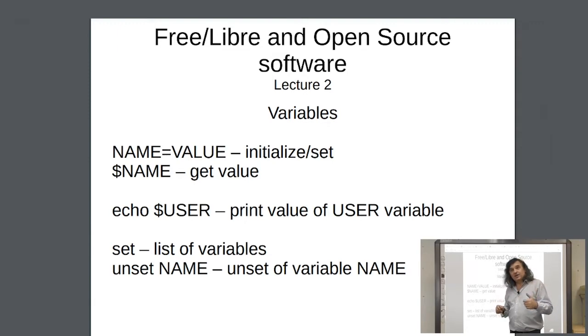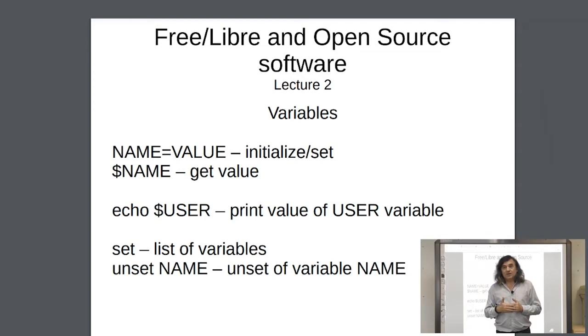Variable values have only one type: character strings. Names and values are case sensitive. And as we'll see, variables can be global and local, just like in common programming languages.